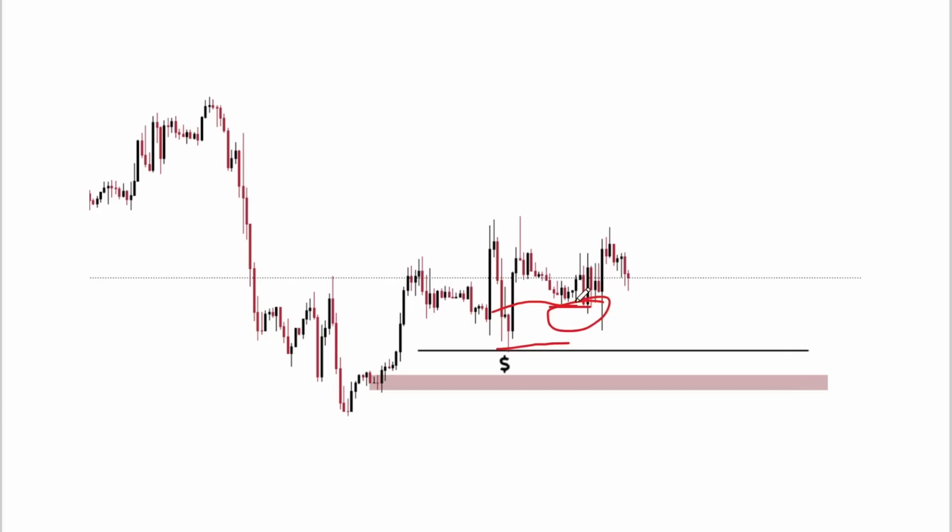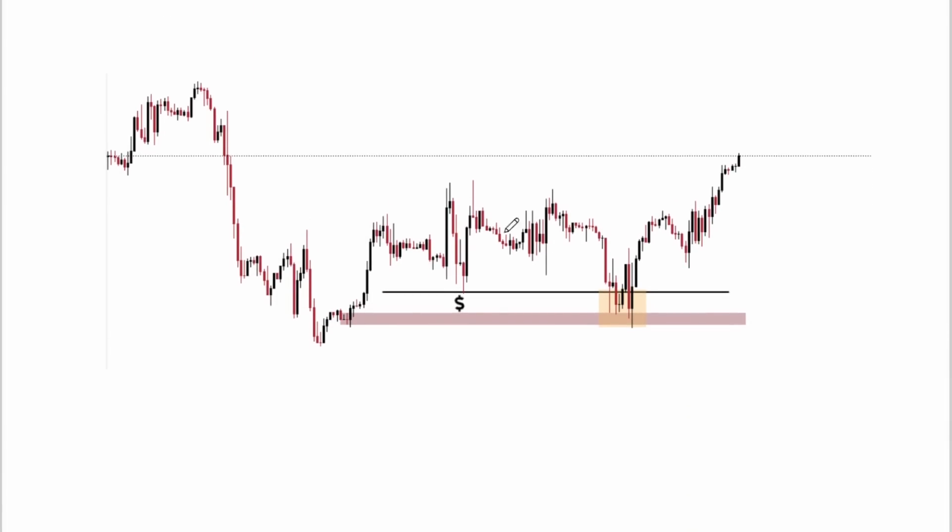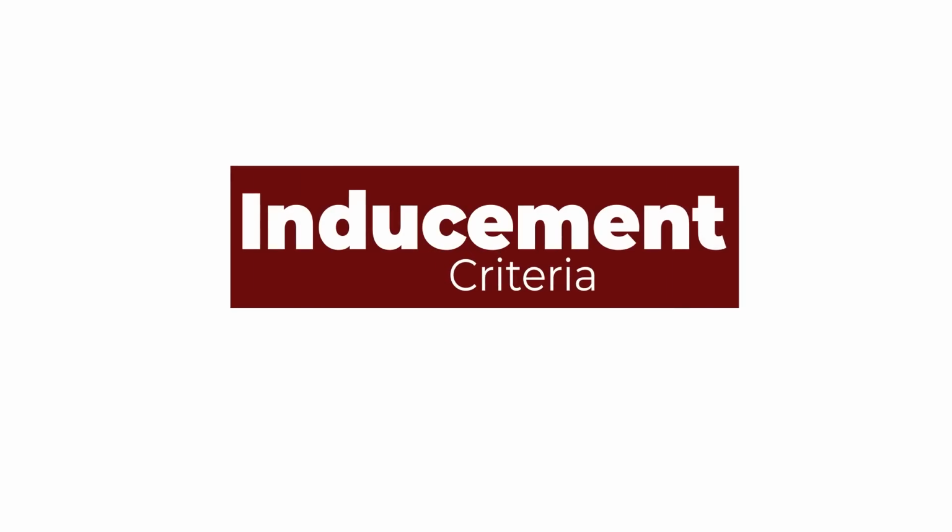And price is trying to induce traders into taking a bullish order block entry as well, not knowing that this is the intended point of interest. Just for price to take all the traders that purchase price here out, and also fake any sellers that are trying to sell the market.